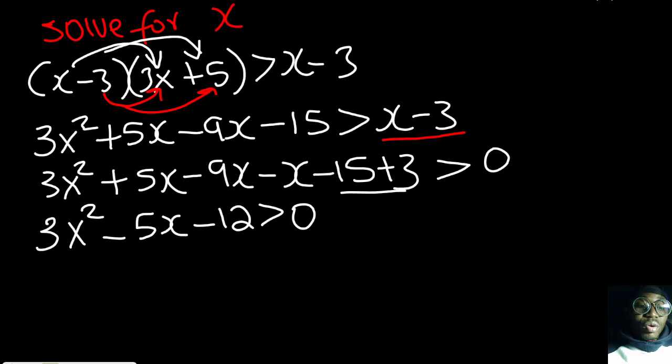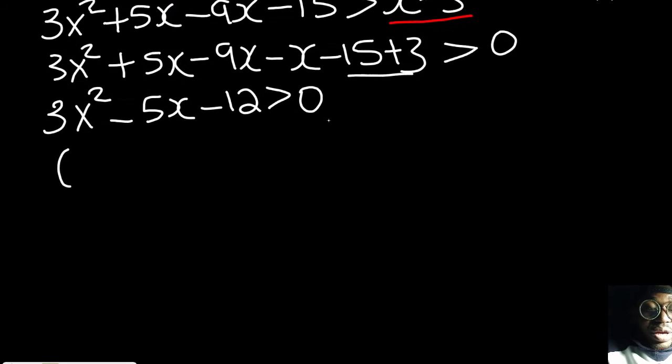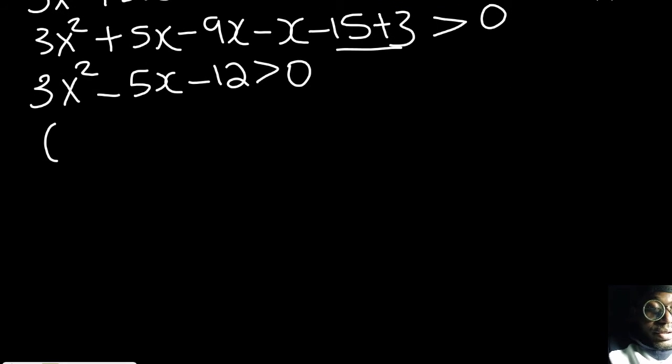All right, so when we reach this far, this is a perfect standard form of a quadratic equation, so either we factorize if we have the factors, or we use the quadratic formula if we don't have. So we will try to factorize because we have the factors for this equation. All right, so this is how we do it.